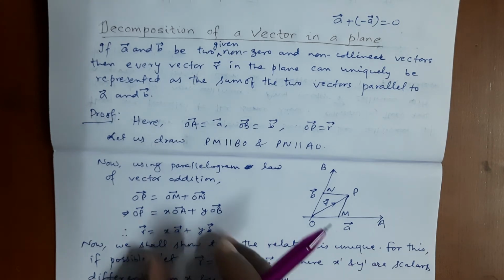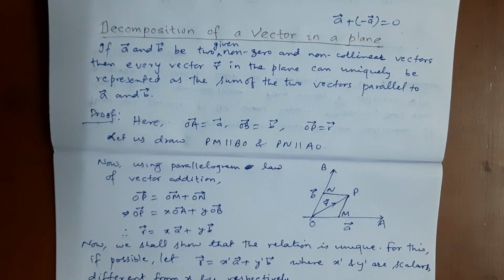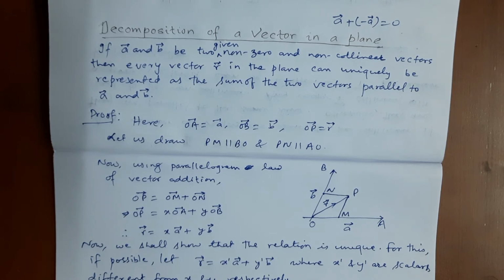So combining these two, what we can get is X dash A vector plus Y dash B vector equals X A vector plus Y B vector, and this implies X dash A minus X A vector, and vector B will be common, plus Y dash minus Y vector B equals 0.